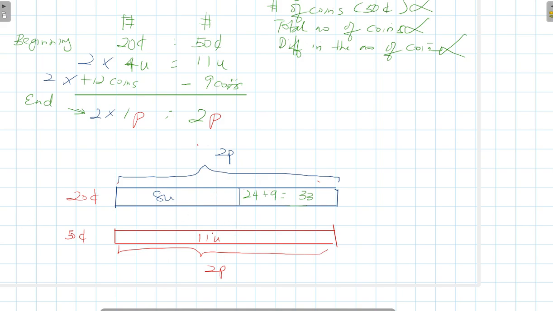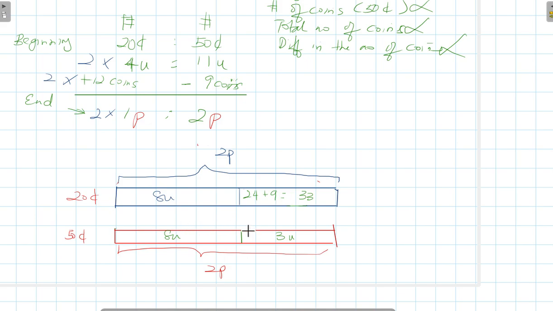Okay, I can redraw this whole thing to find what 1 unit equals to how many coins. Obviously, I know this whole bar now is 11, right? So I just drop away here. 11 minus 8 will give you a value of 3 units.